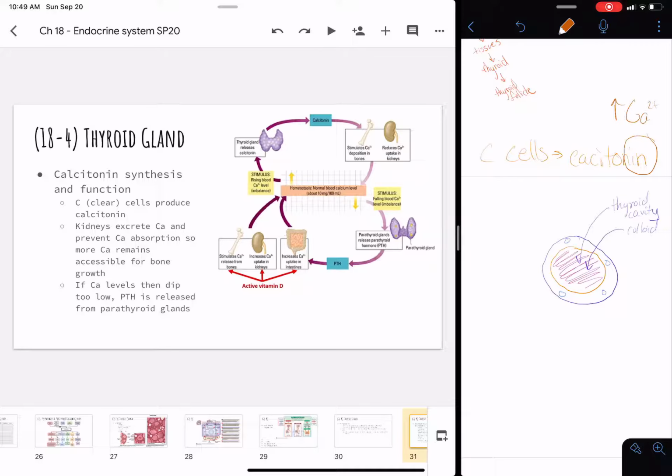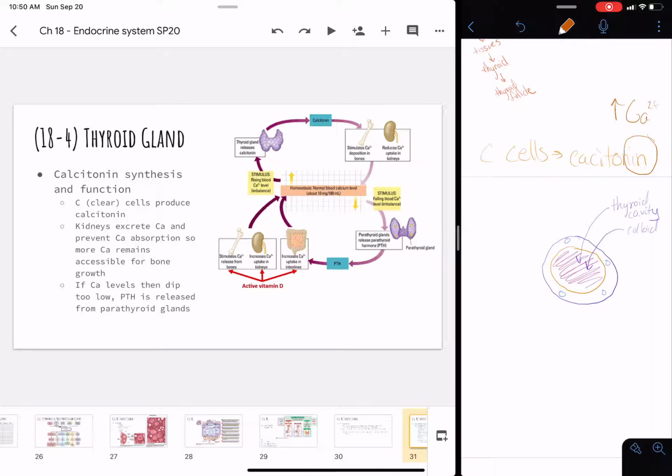in the bloodstream. Let me make sure I said that correctly. Stimulate. Correct. Yep. So we're increasing more calcium deposition into the bloodstream. And in order to do this, calcitonin is going to go to the bones and tell the bones to release more calcium. And it'll also tell the kidneys to not hold on to calcium as much so that the calcium can stay within the bloodstream and not go into the urine.